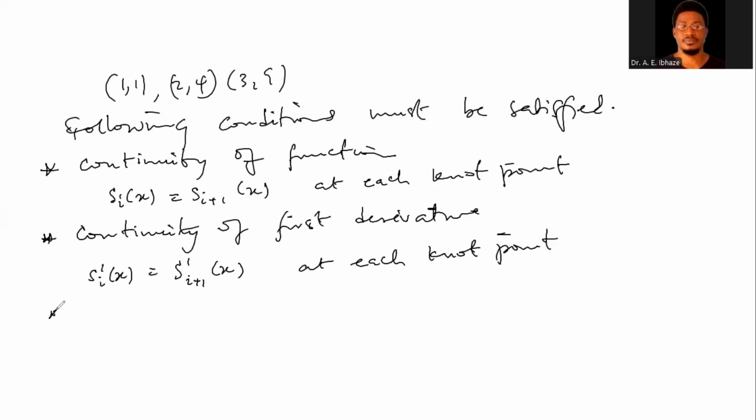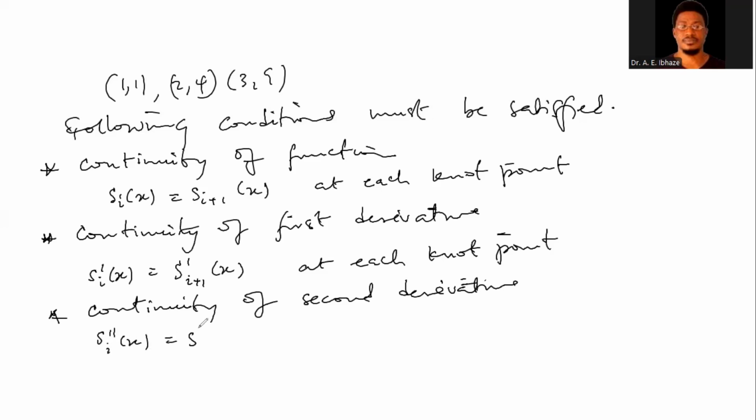And the next condition is the continuity of second derivative, for which the second derivative of S sub i of x must be the same as the second derivative of S sub i plus 1 of x, still at each knot point.